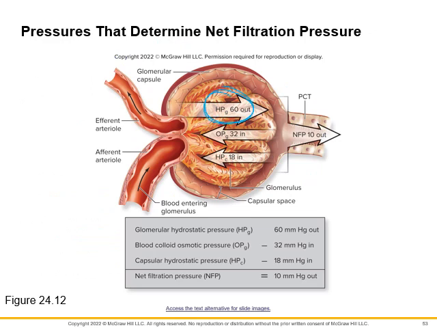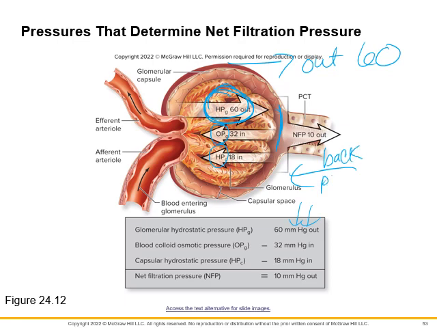So this is the hydrostatic pressure of the glomerulus. So pushing out, we're at about 60. This is in millimeters of mercury pressure, right? The osmotic pressure from the plasma proteins and the fluid pressing on the wall from this capsule pushing back, so the backward pull, if you will, is at about 50 if you add both of those together.